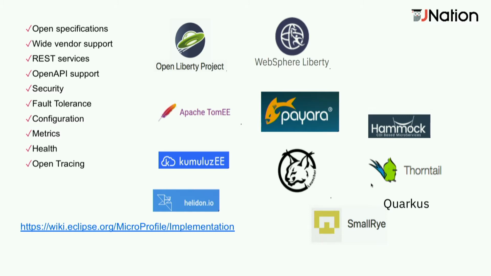Quarkus directly consumes SmallRye, which is the implementation of MicroProfile. Also Tomitribe has TomEE, and Payara has Payara Micro, Oracle has Helidon, and also Apache Launcher. So there are a lot of application server runtimes for you to choose from once you use this MicroProfile programming model.